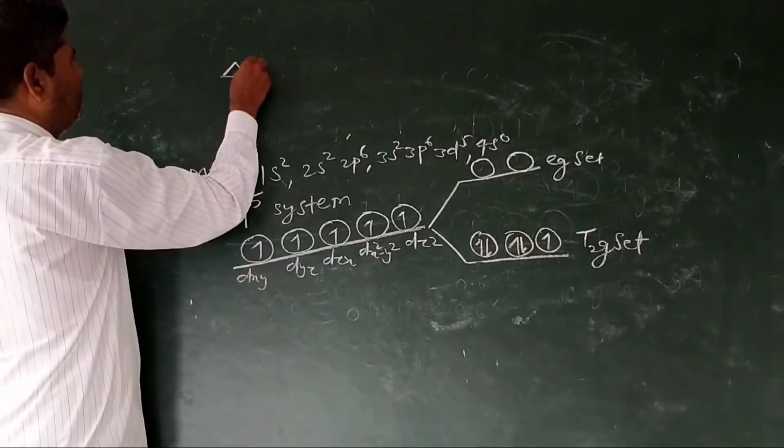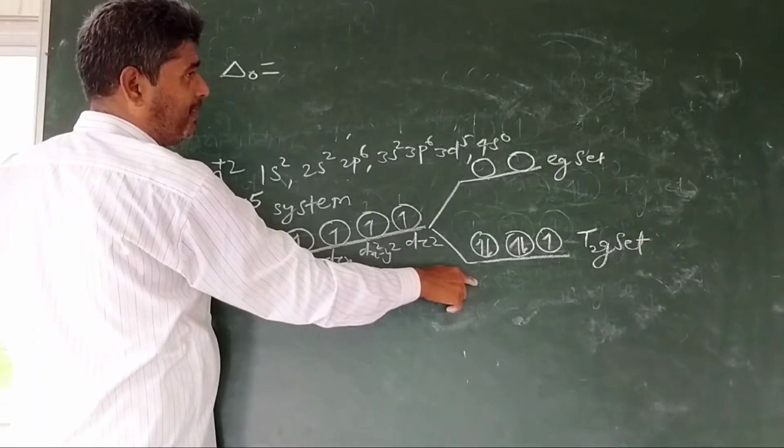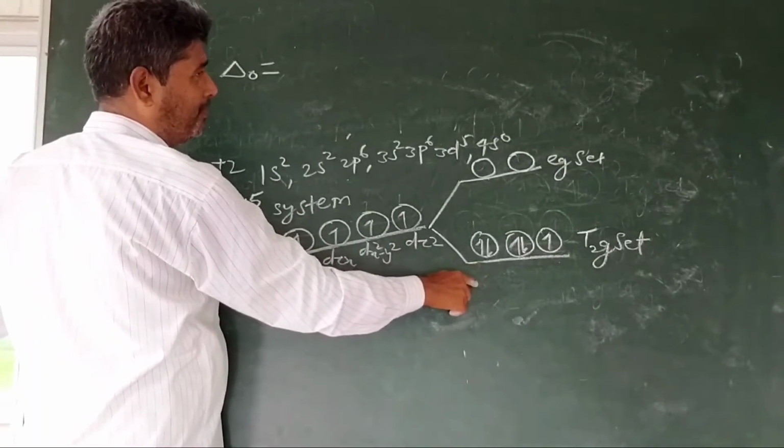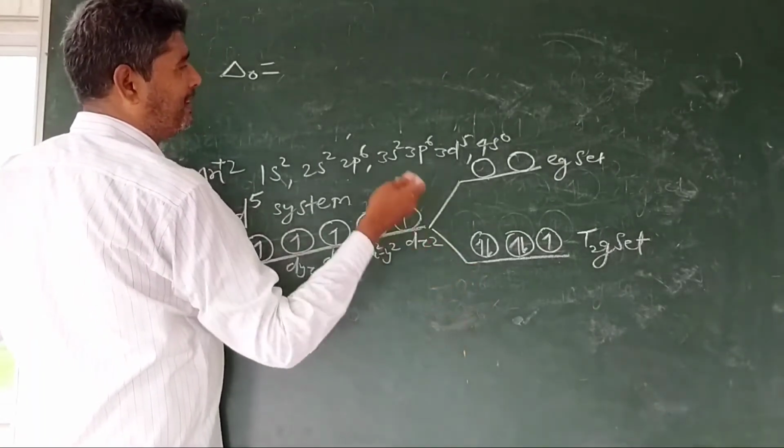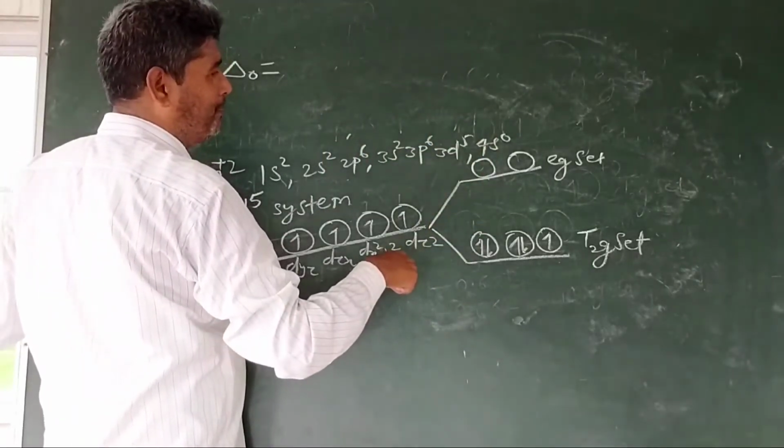Δo is equal to: each electron in the T2G set stabilizes the complex by 0.4, and each electron in the EG set decreases the stability by 0.6.